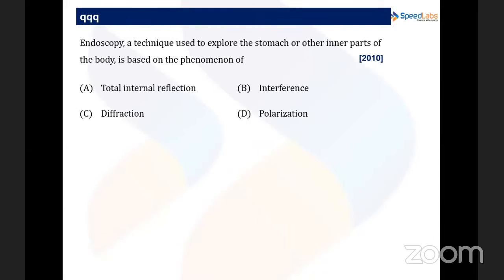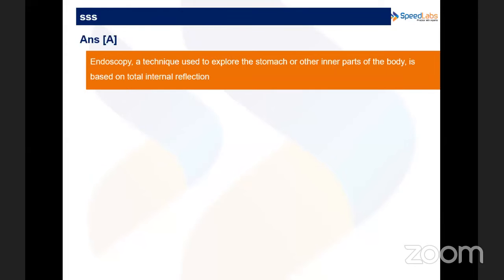So the answer to this question is option A, TIR, that is total internal reflection. Endoscopy is based on total internal reflection, which you will study in physics. I hope this question is clear to you. Let's move to the next question.